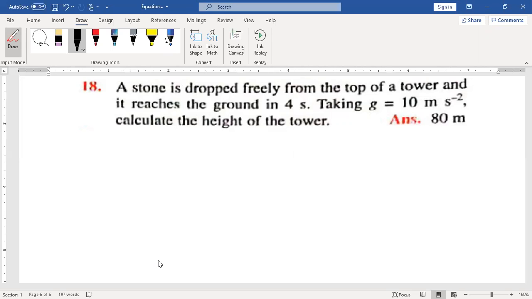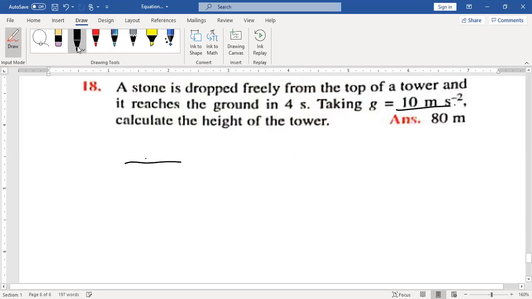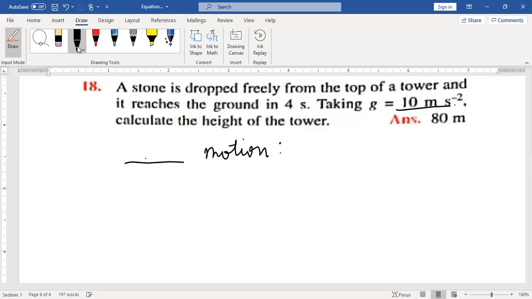So you have to take 10 meter per second square as the value of acceleration due to gravity and then calculate the height of the tower. So again, see which kind of motion it is, as we did in question number 16. So this is also a hint. Which kind of motion it is, downward or upward?